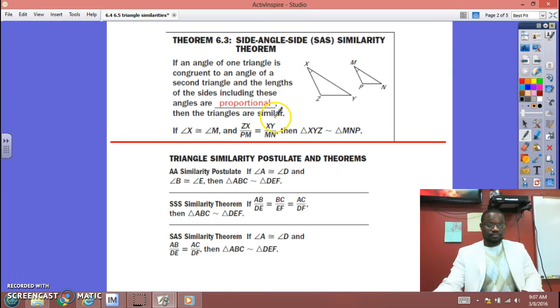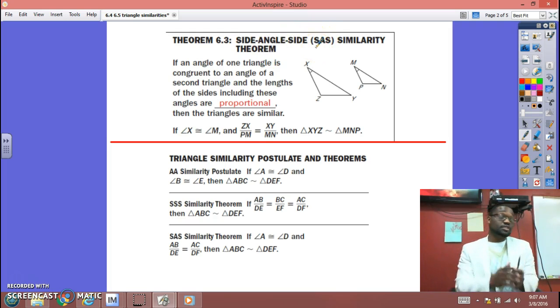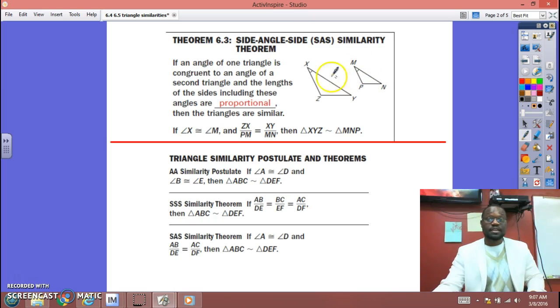One more. There's side-angle-side, and some of these sound real familiar. Please don't get these confused with congruence. We're talking about similarity. In congruence, the sides and the angles have to be equal or congruent. In similarity, the angles have to be congruent, but the sides have to be proportional.